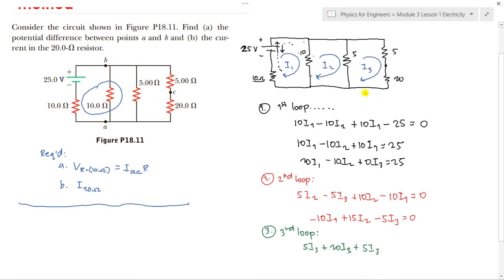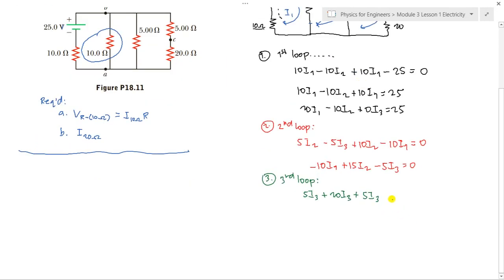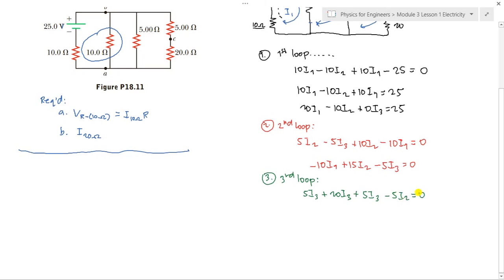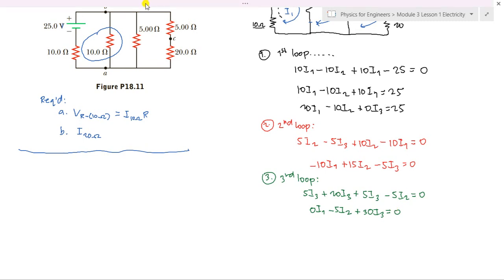However, for the 5 ohm resistor, I2 also interacts but in the opposite direction, so minus 5 I2 equals 0. So combining, we don't have I1, so 0 I1. For I2 we have minus 5 I2. For I3 that is plus 30 I3 is equal to 0. So here we now have 3 equations.